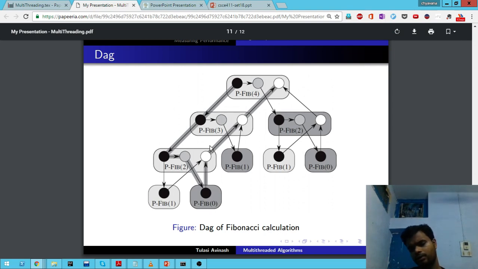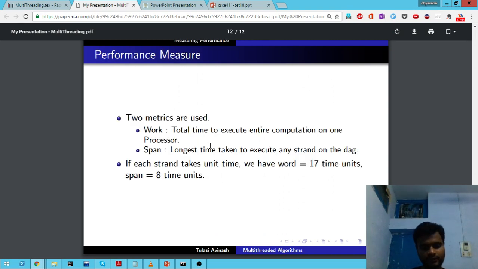And now on the complexity front, there are usually two metrics used. One of them is the total time to execute the entire operation on one processor. It basically gives the measure of the entire work done by all of the processors. Let us say there are an infinite number of processors, and we spawn all of the threads that we want.